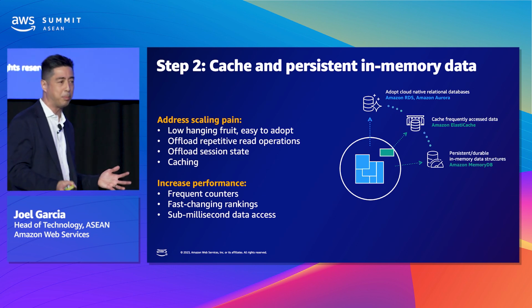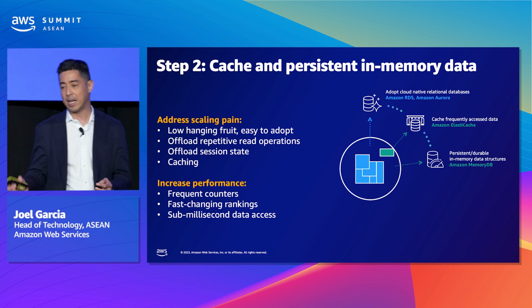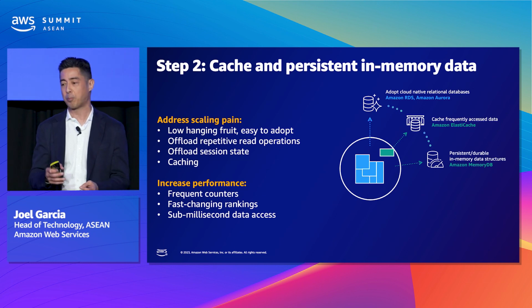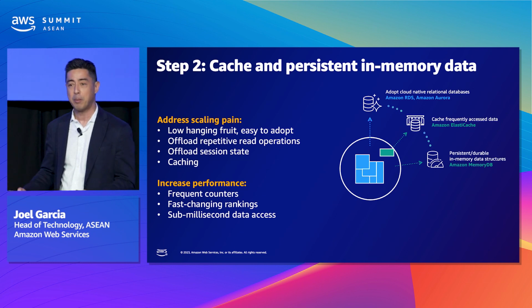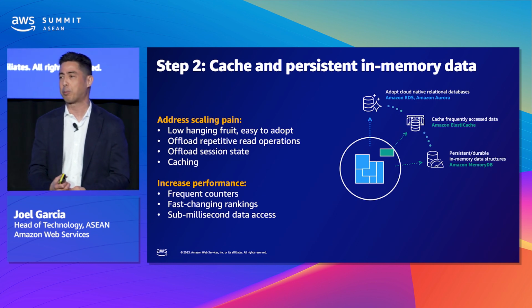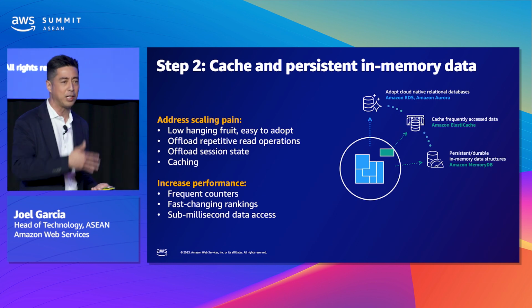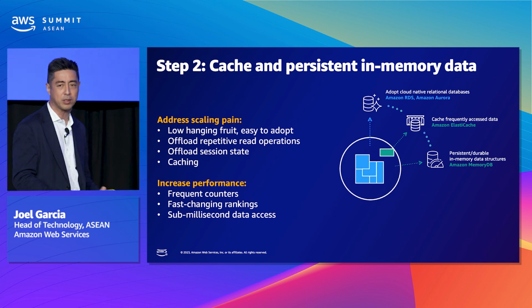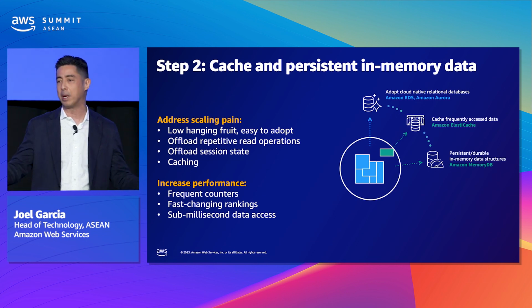The second step could be leveraging, for example, cache and persistent in-memory data. What that means is you can think about the way web applications are deployed today. There's usually a caching layer in front of a web application because usually you get thousands, even millions of requests.